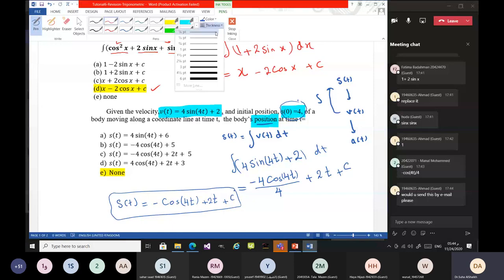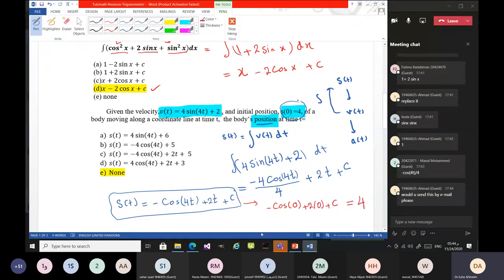So if I substitute with t equal to 0 and make this equal to 4, this will give me minus cosine of 4 times 0 plus 2 times 0 plus c, and this is equal to 4 as they gave me. Cosine 0 is what?